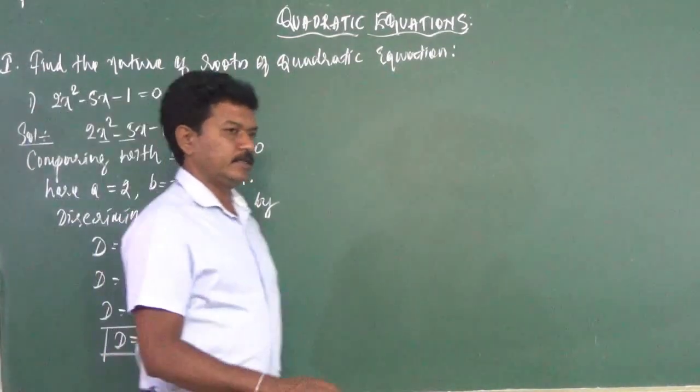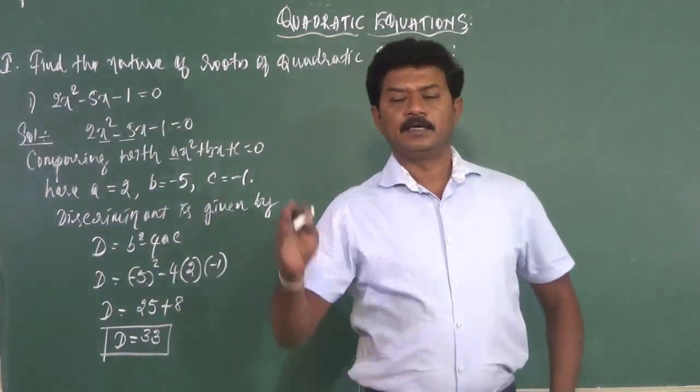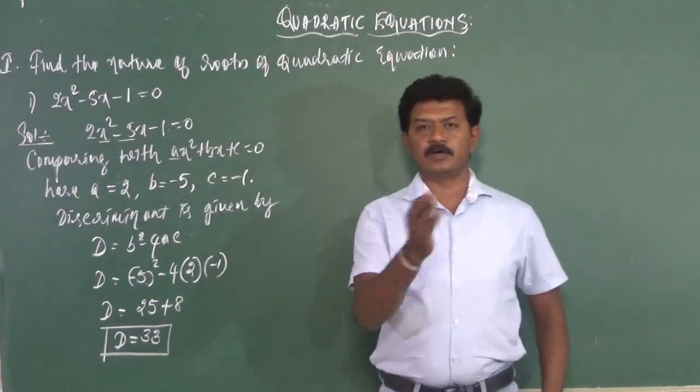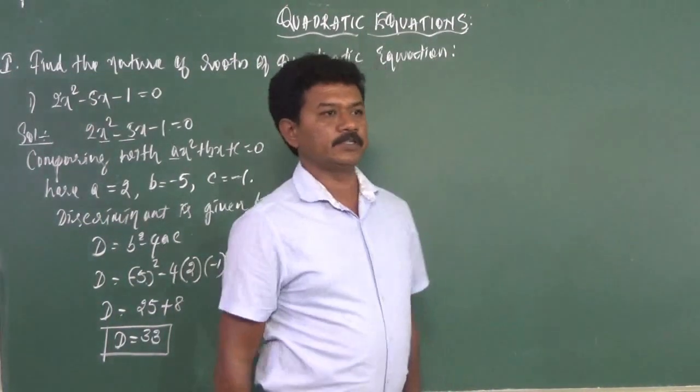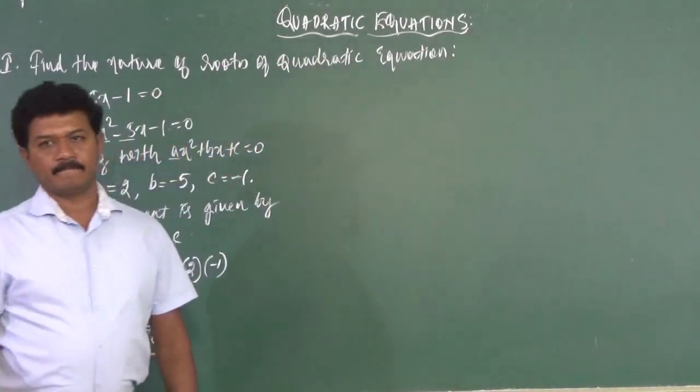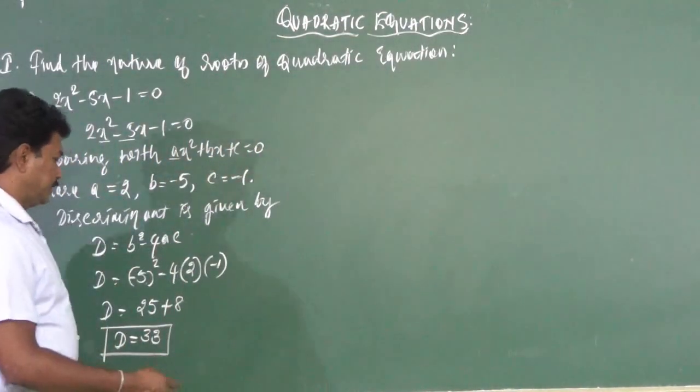According to what we had learned in the previous class, if the discriminant value is greater than 0 and not a perfect square, what will be the nature of the roots of the quadratic equation? Real and irrational. Exactly.